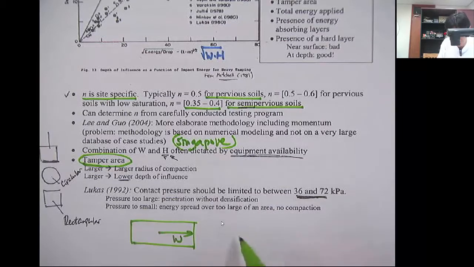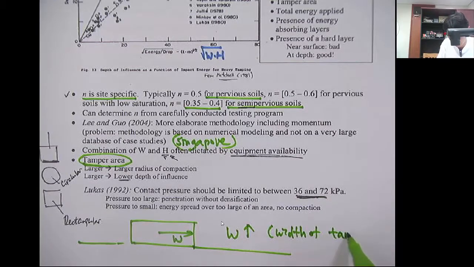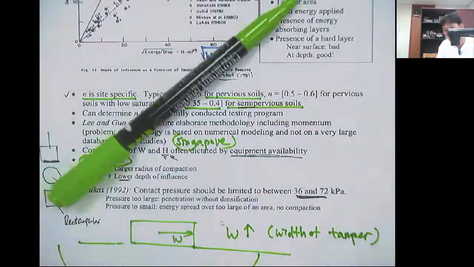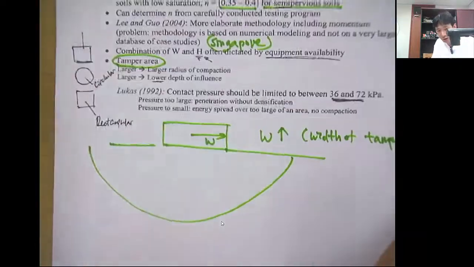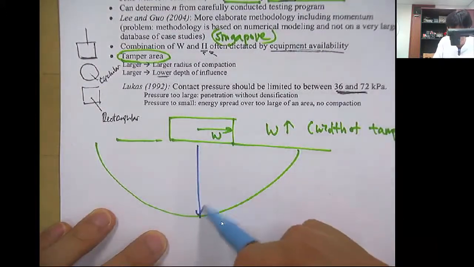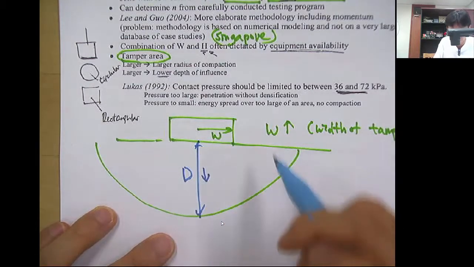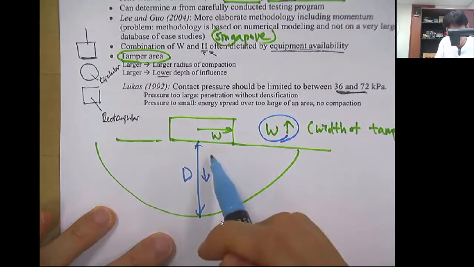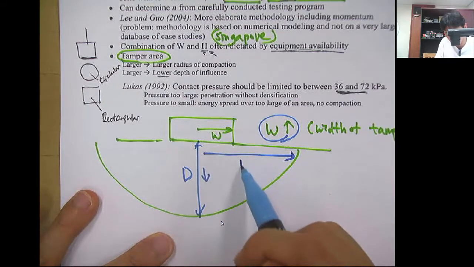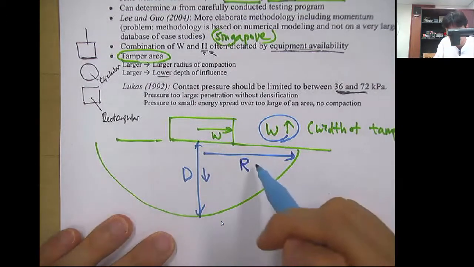As the width gets increased, then you have an effective area like this. The effective depth decreases as W increases, but the radius of influence area increases.